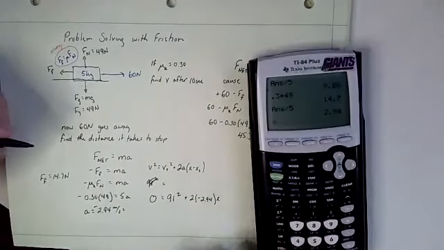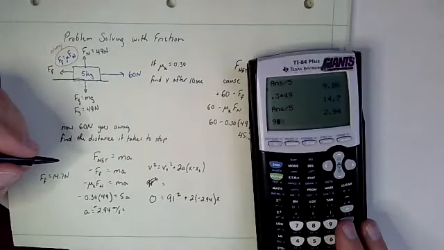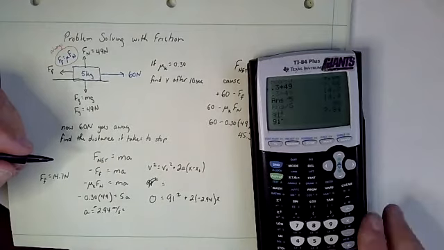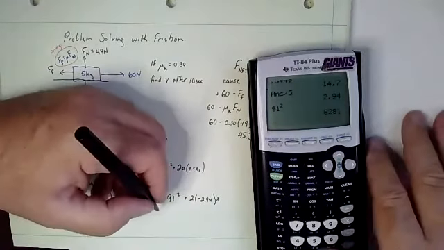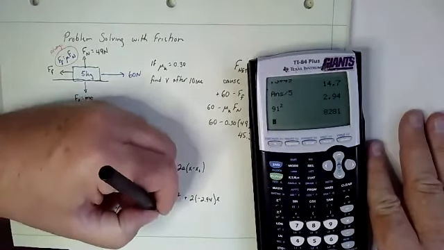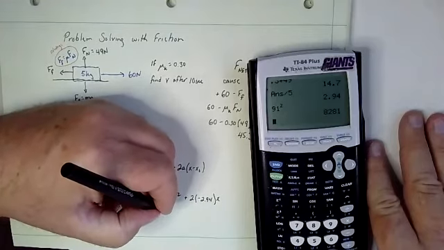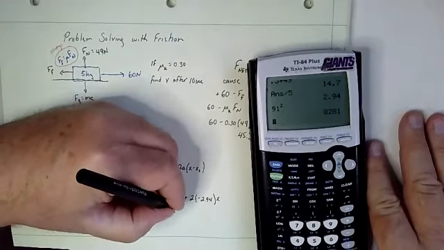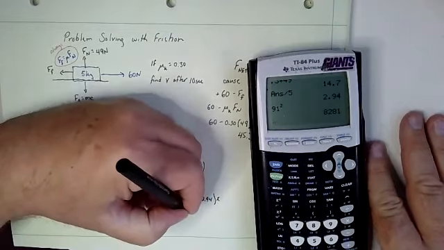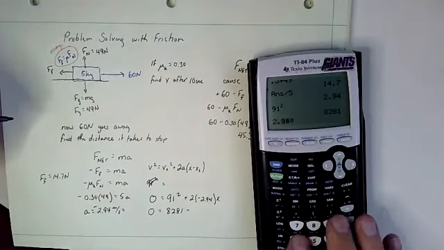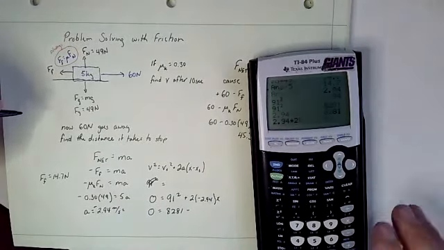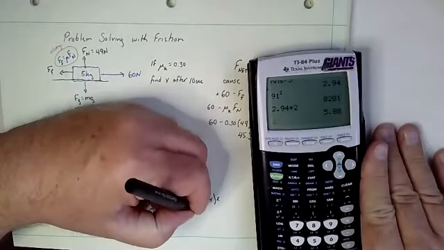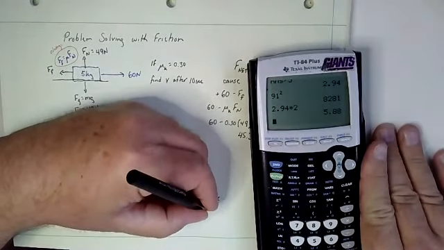All right, so let's just continue the work there and finish this up. So 91 squared is 8,281, so 0 equals, and then 2.94 times 2, and we have a minus sign, 5.88x.